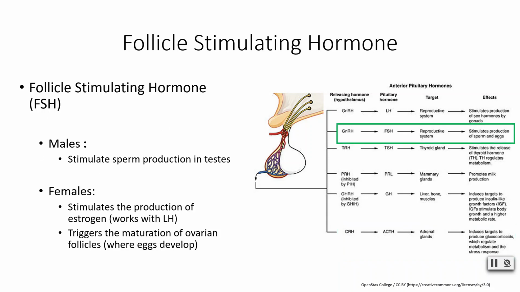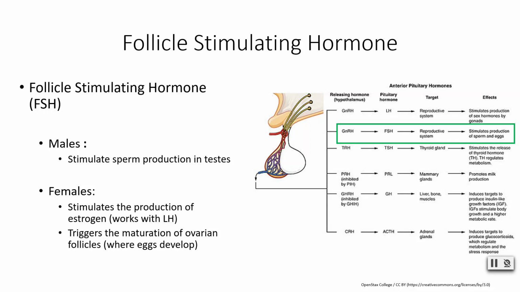All right, follicle stimulating hormone, FSH. We have dual functions here because we have responses in males and different responses in females. This is a reproductive hormone. In males, FSH stimulates sperm production in the testicles. In females, we are going to stimulate the production of estrogen.